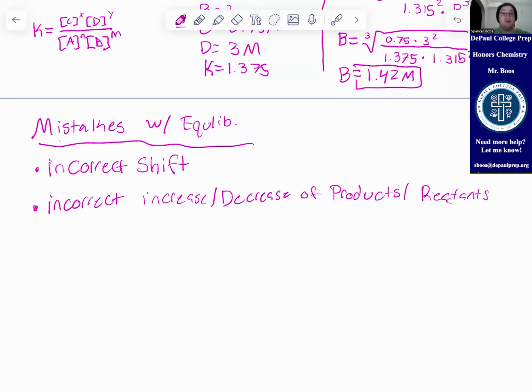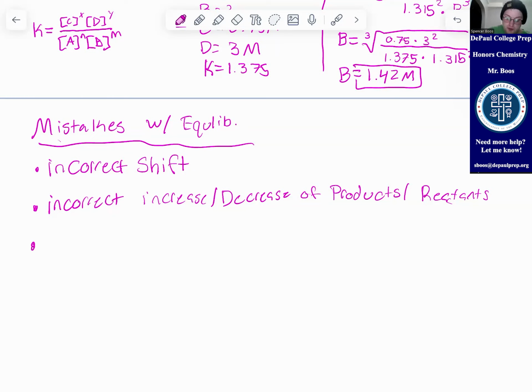A good mitigation tool for that is thinking about, if you add or remove something, what is doing the work to make it up, or to fix that equilibrium. Those are the big two common mistakes, especially related to Le Chatelier's.